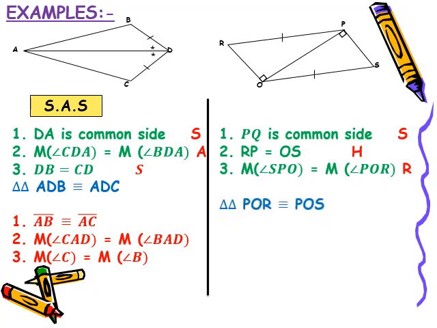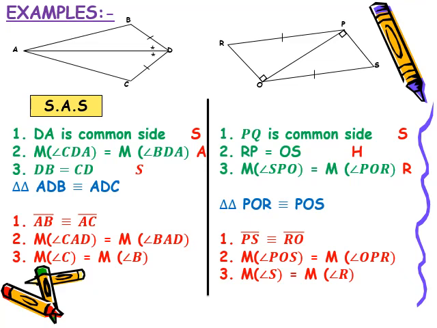Then triangle PQR is congruent to triangle PQS. Then PS congruent to RQ and measure angle PQS equals measure angle QPR. The last, measure angle S equals measure angle R. Then the case is right angle, hypotenuse, side. It's a special case of the cases.